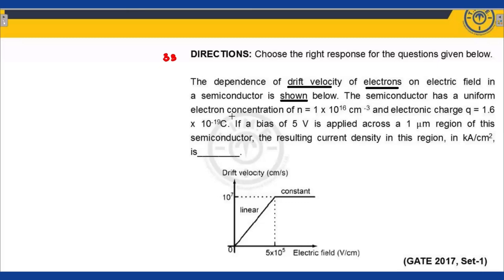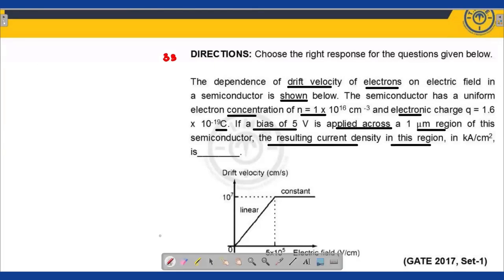The semiconductor has uniform electron concentration of N equal to this value, electronic charge, and a bias of 5 volts is applied across a 1 micrometer region of this semiconductor. The resulting current density in this region is how much? This is what he has given, which is very important here. So, 5 into 10 power 4.